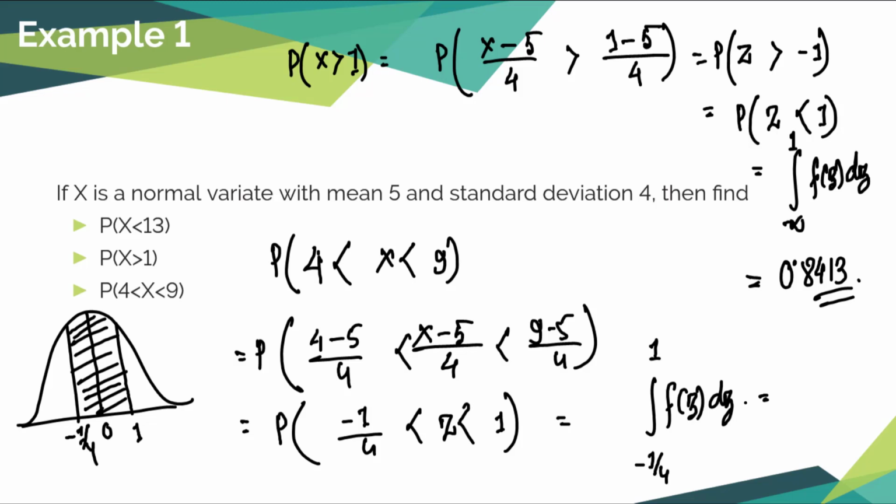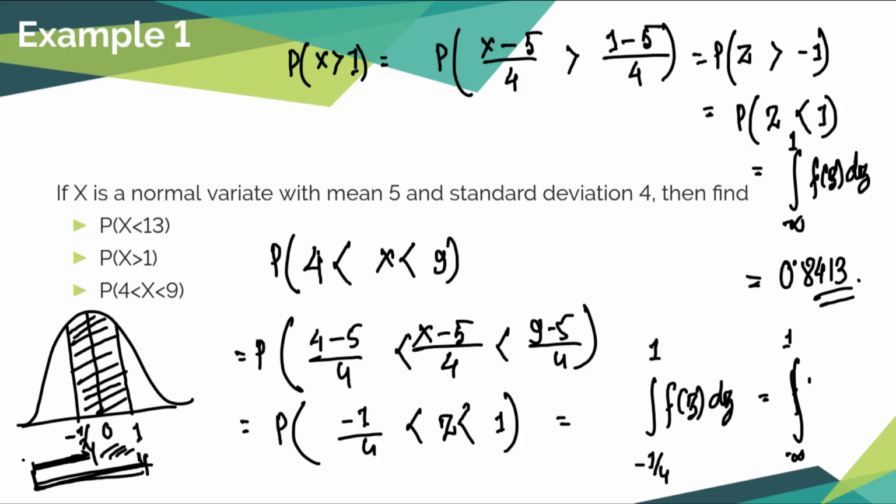Which is equal to the integration from minus infinity to 1. So how will we get this? If you integrate up to this point and you integrate up to this point, and subtract this smaller region from this larger region, you will get this area.